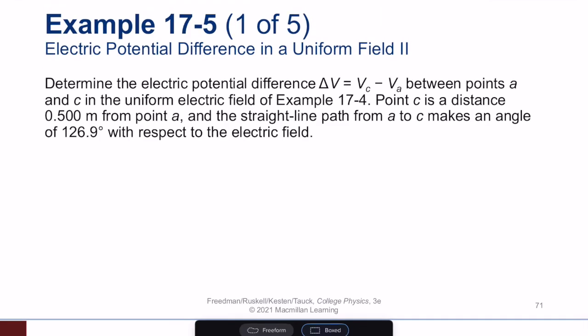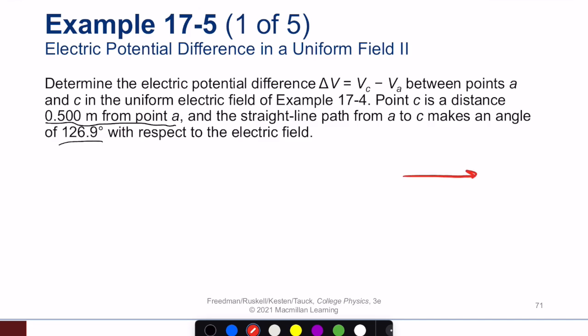Let's do one more example. Very similar to the previous one. So let's figure out what the electric potential difference is between a point in an electric field and another point that is 0.5 meter from point A, and this path taken is a straight line that makes an angle of 126.9 degrees with respect to the electric field.